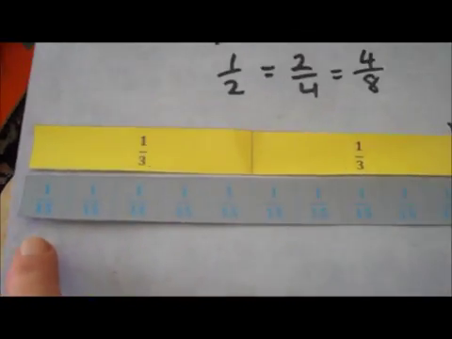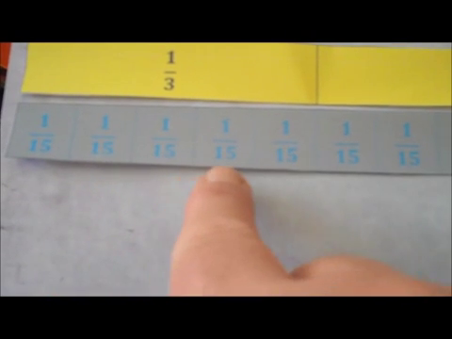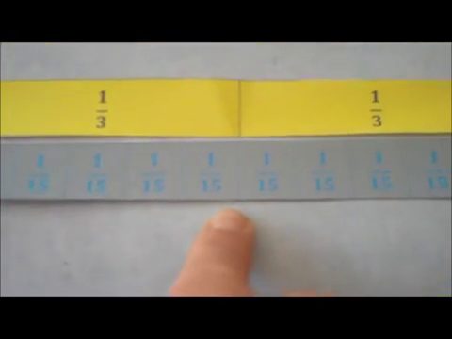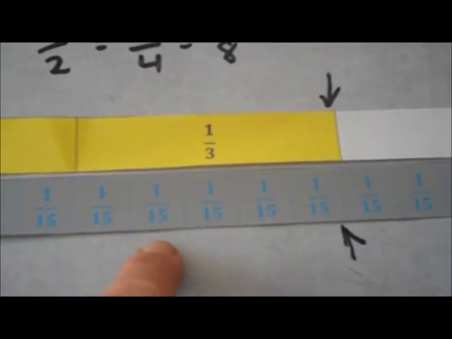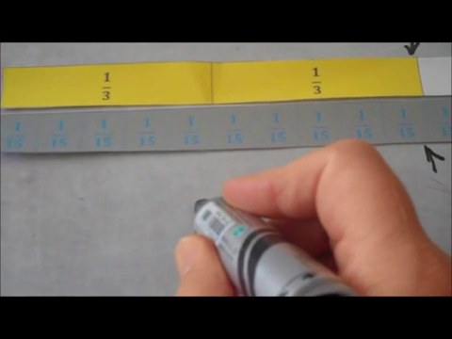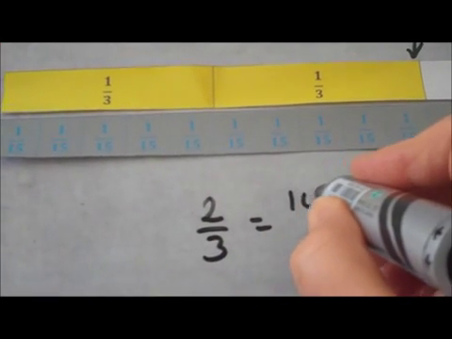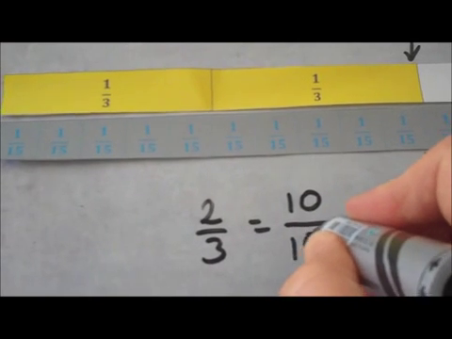So let's go. Sorry about that wobble. 1, 2, 3, 4, 5, 6, 7, 8, 9, 10. So 2/3 is 10 15ths.